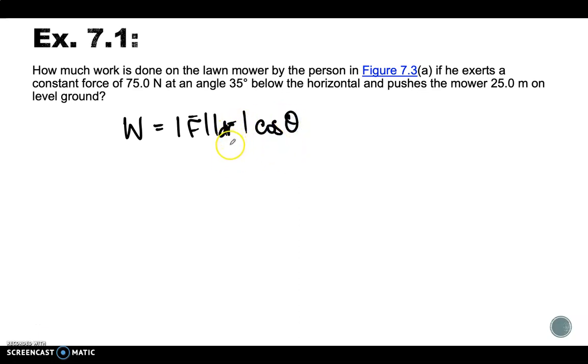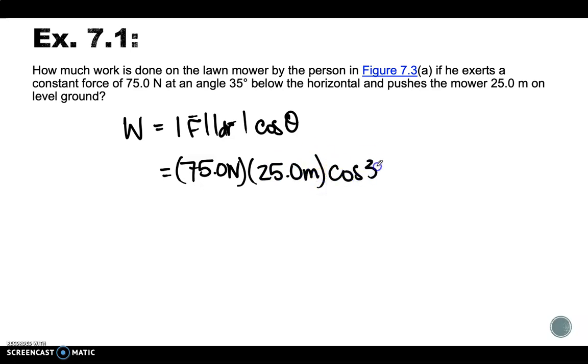So this is going to be the constant force, which is 75 newtons, times dr, which is the displacement, 25 meters, times cosine of 35 degrees.